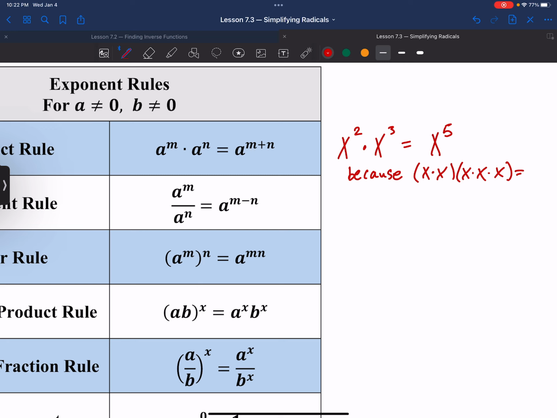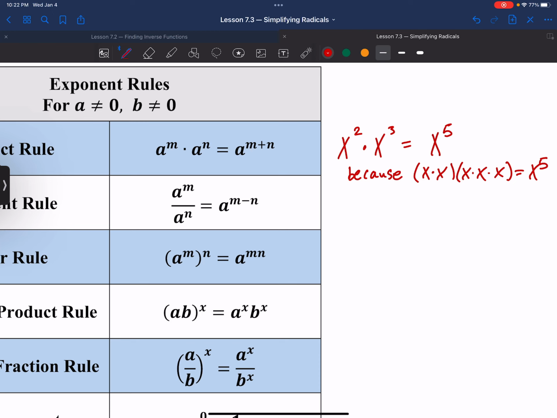And so how many times am I multiplying x? I'm multiplying it 5 times. So we call this the product rule because I'm multiplying 2 bases with exponents, 2 of the same base, and the result is I add those exponents.